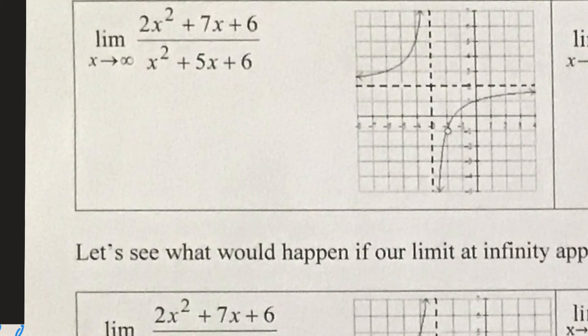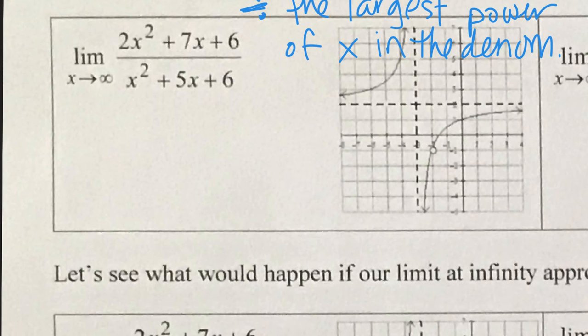So what we want to do is divide by the largest power of x in your denominator. In this case, that would be x squared. So algebraically, we're going to divide every single one of these terms by x squared.